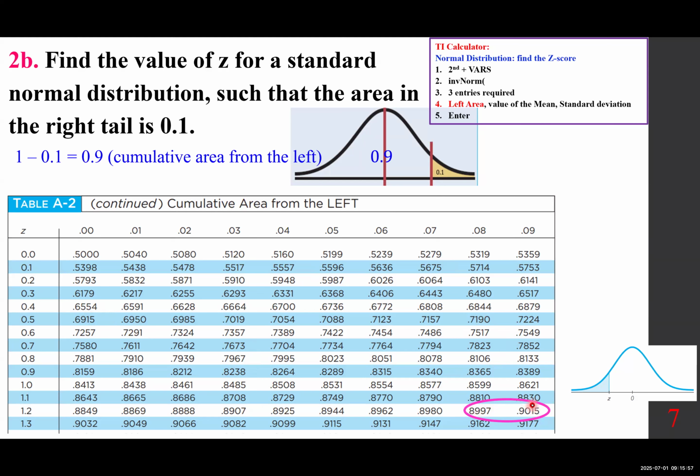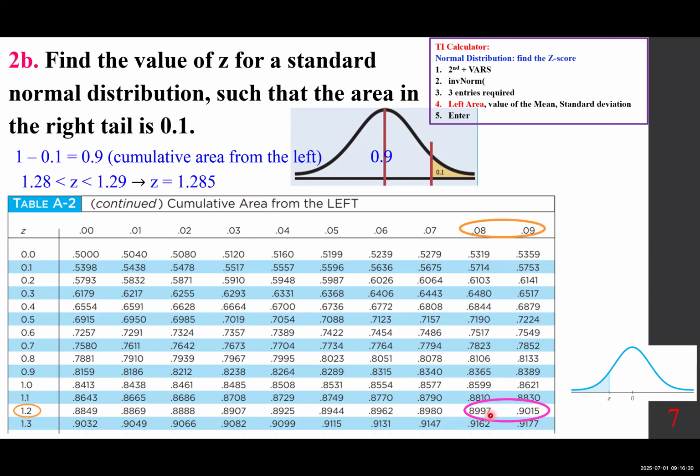So if you were to do the reading, 1.2 for this one, 8 for this one, 9. So it's between 1.28 and 1.29. Again, I want to make sure you can read the table. And normally we go in between, okay? But, you know, you may recognize that it's closer to that, just for the sake of it.